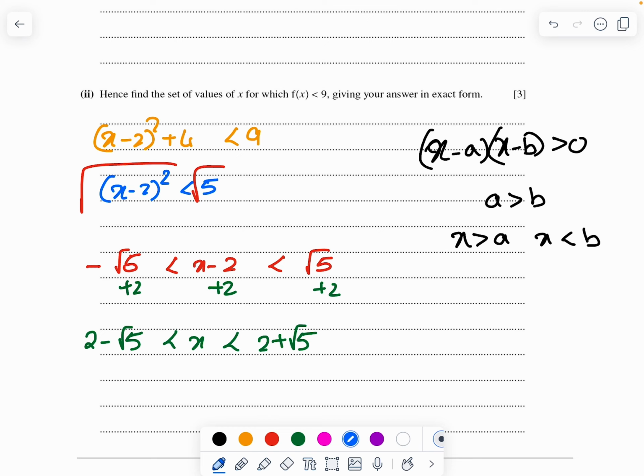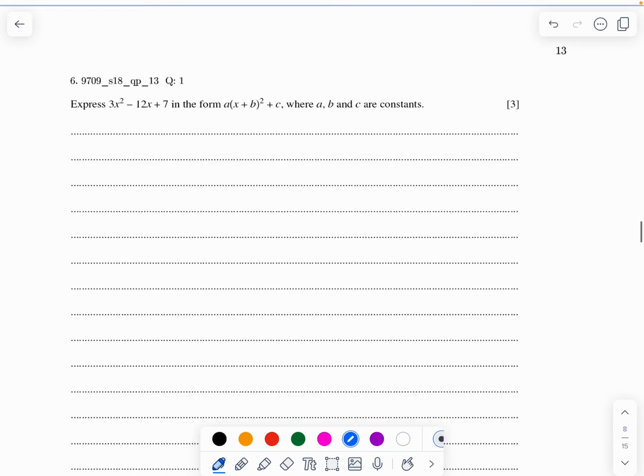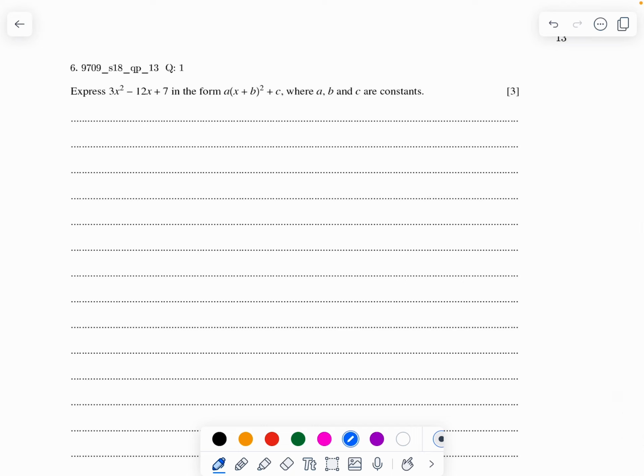Or else, if I have x minus a times x minus b is less than 0, then x lies between b and a, if a is greater than b. This should be the answer. Greater than 0 means this method to write it out, and less than 0 means this method to write the answer. Coming to the next question.